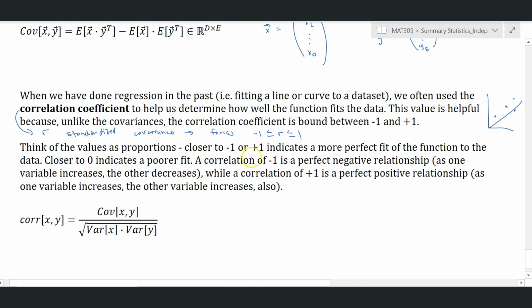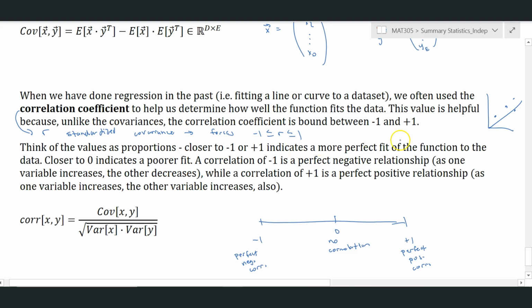So the closer you are to 1 or -1, the better. So I'll just put this on a number line. 0 would be no correlation. They're not at all correlated. -1 and +1 would be a perfect negative correlation and a perfect positive correlation. What do we mean by that?